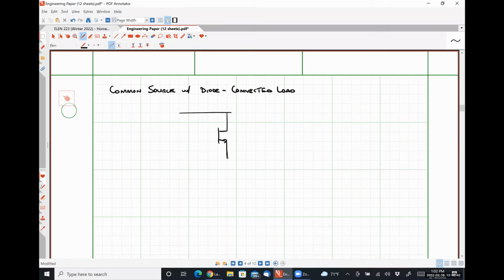So in the previous example, we had a PMOS transistor up top. This time we're going to have an NMOS transistor up top, meaning that if this is transistor M2, I'm going to call this S2, D2, and G2. And I am going to connect my gate directly to my power supply voltage VDD.